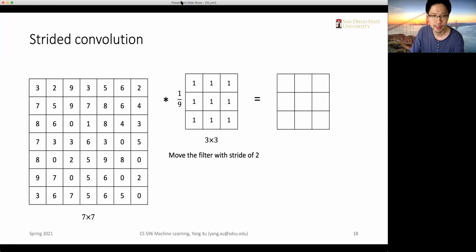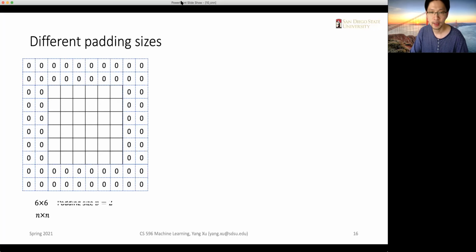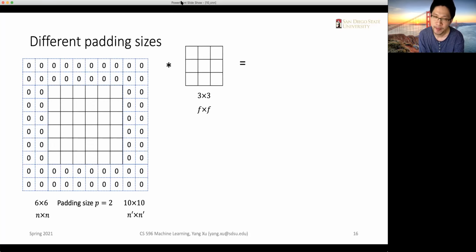And we have defined what strided convolution is, what the padding is, and how the padding plus the stride will determine the size of the output given the input size and the filter size, right?